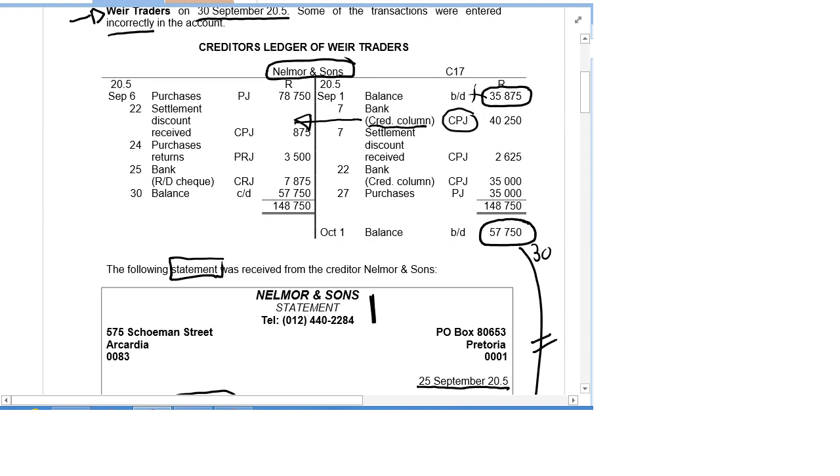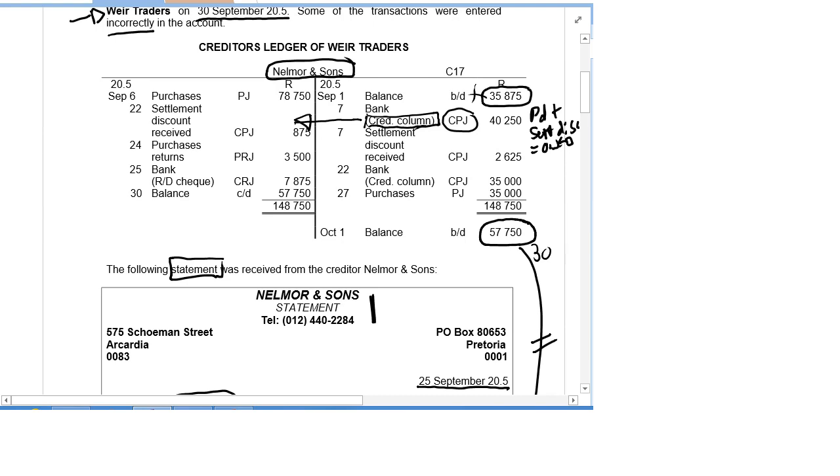Then on the 7th, it also says settlement discount received. Now, we've just said that we've posted here from the creditors column in the cash payments journal. That means we posted the amount we paid, plus we posted the settlement discount we received, because the two amounts together will be equal to what we owed to the creditor.